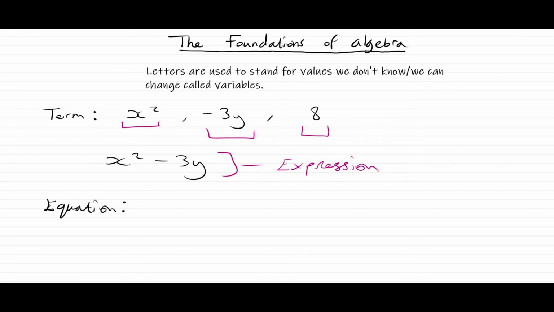An algebraic equation is similar to an expression, but you have something equal to something else. So for argument's sake, you have something like 8a plus 4 is equal to 20. And this can be solved. You can get a value for the a to make this whole thing correct. And the value for the a in this particular example will be 2, because 8 times 2 is 16, and 16 plus 4 gives you 20, okay?